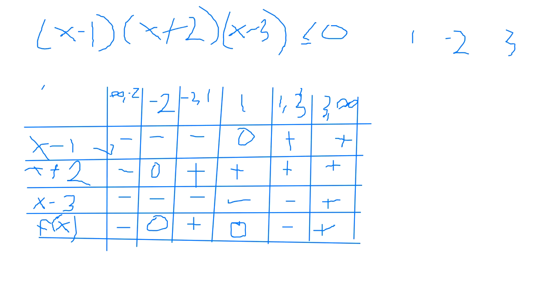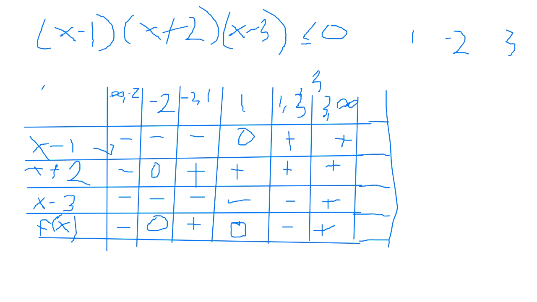Why don't you have a column for 3 alone? I always forget the last one. Thank you. I'm so sorry. 3 should be somewhere here, before 3 to infinity.